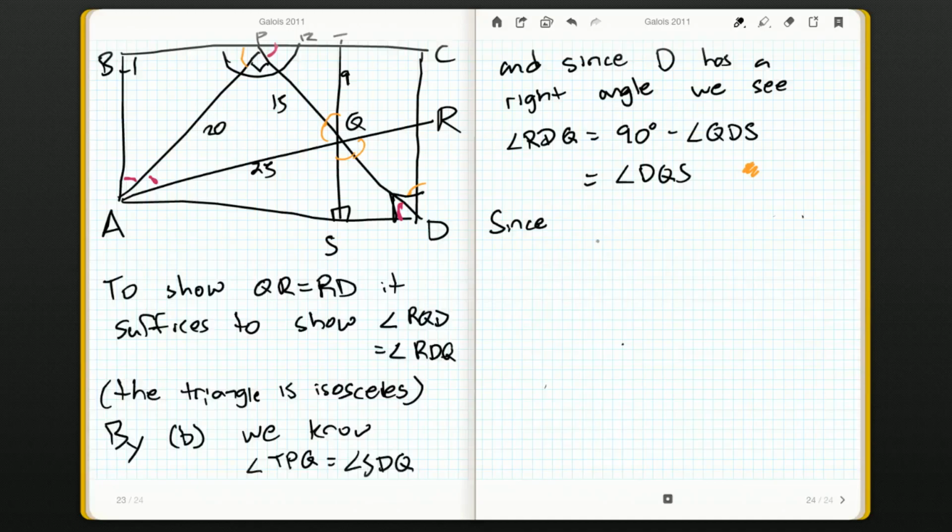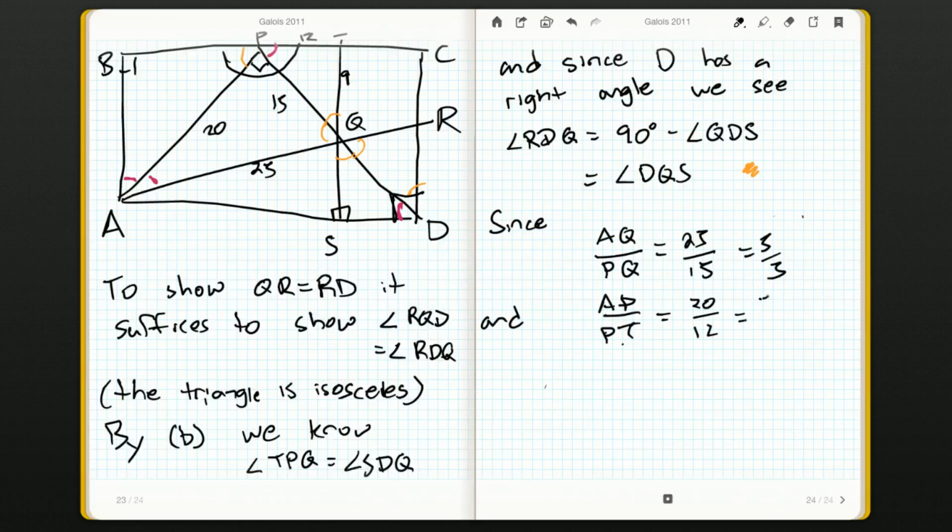Now, since AQ over PQ is equal to 25 over 15, which is equal to 5/3. And AP over PT is 20 over 12, which is equal to 5/3.